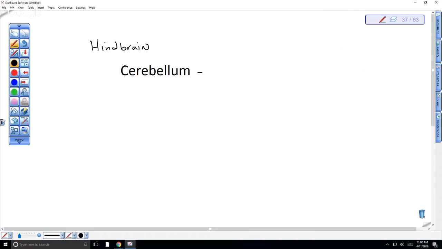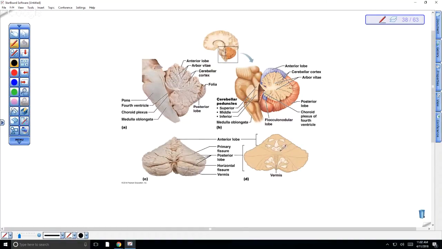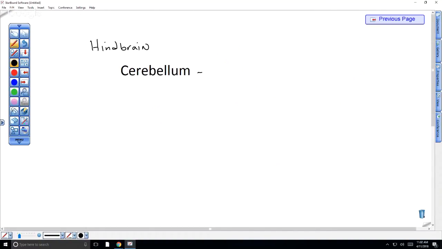So there's a little homunculus in the cerebellum as well, a little human body mapped into the cerebellum. The cerebellum is the part which is underneath the occipital lobe. So if we look at the location of the cerebellum, it would be this part right here. These are my little homunculus, my little bodies, and how they're associated. And this is associated with motor coordination.